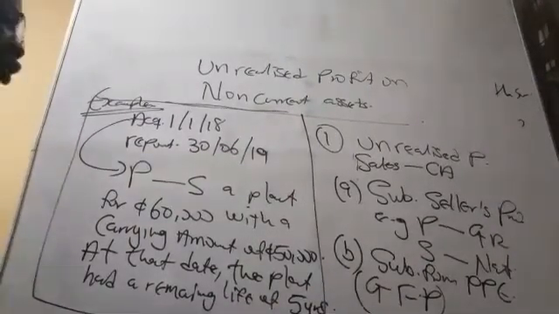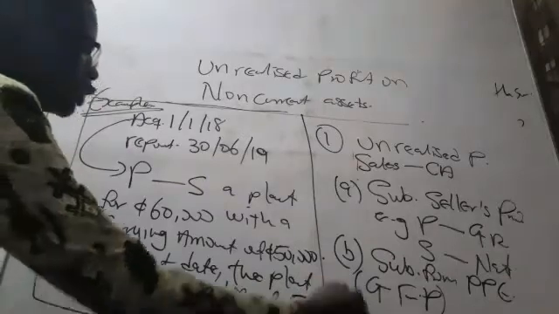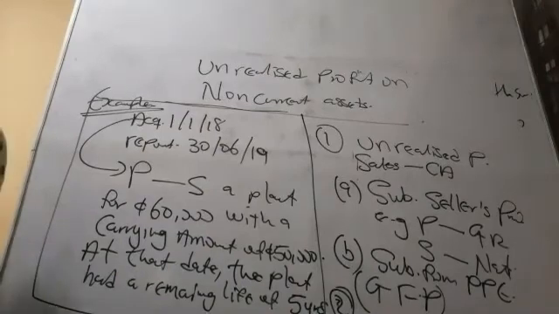Now let's go to the second treatment. Treatment number two. If it is a profit, it will create what we call excess depreciation. If it's a loss, it will create what we call additional depreciation. So you calculate the excess depreciation.